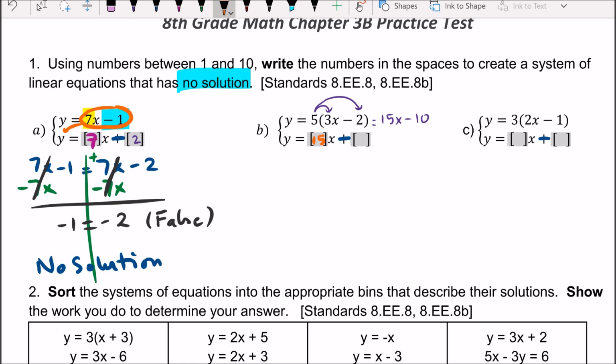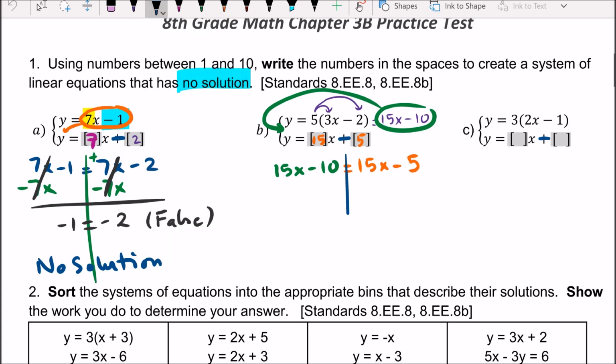I can pick, let's say, 5. Okay, check the answer. We're going to take this and plug it in place of y. So that will be 15x minus 10 equals 15x minus 5. Okay, 15 itself is positive.